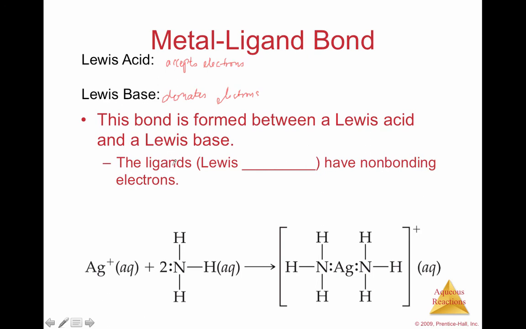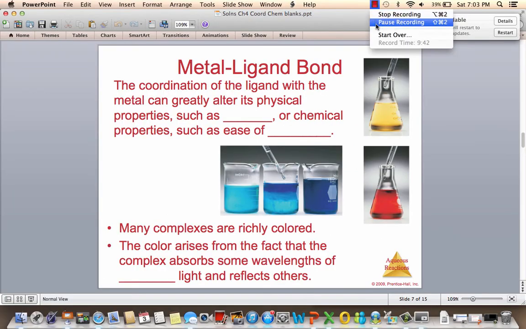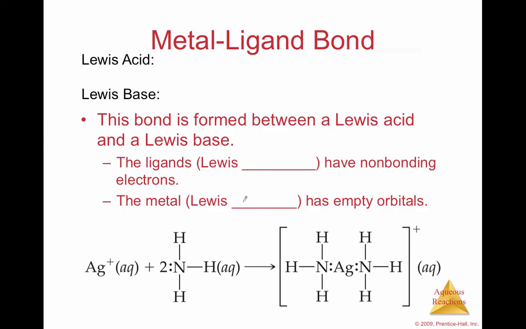The ligand would be the Lewis base because it has lone pair of electrons, while the metal is the Lewis acid because it has empty orbitals to accept electrons.